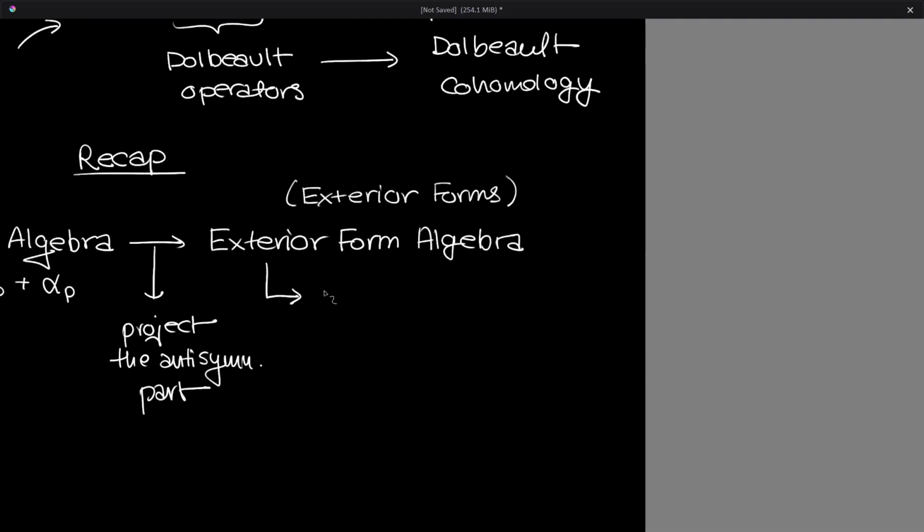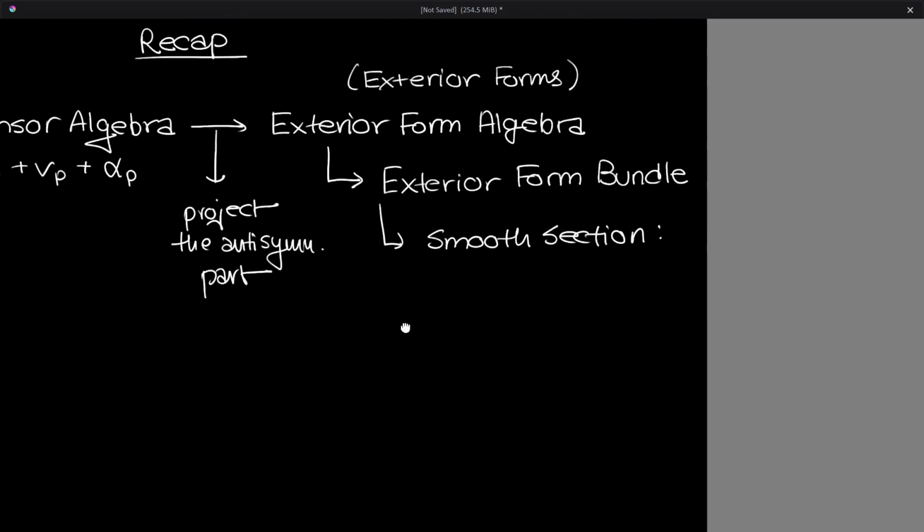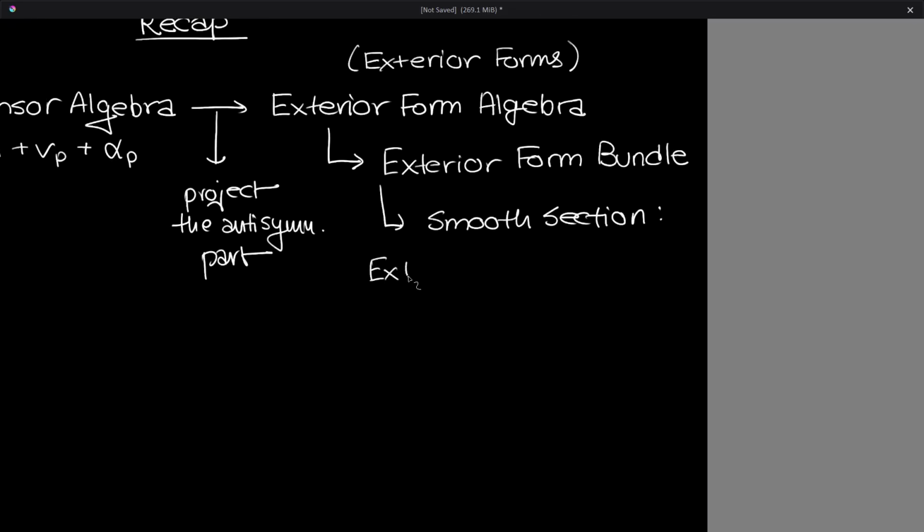So now you have exterior forms, and then we go to the bundle. The bundle is the exterior form bundle. And then we take a smooth section, which gave us our exterior differential form.